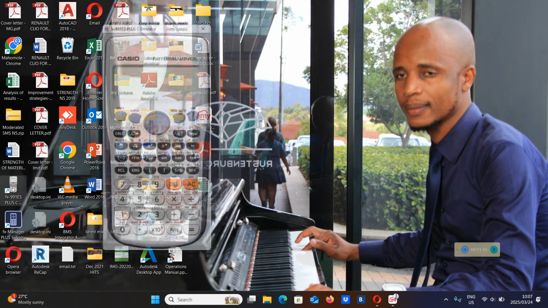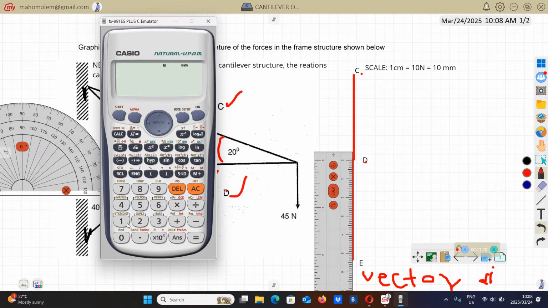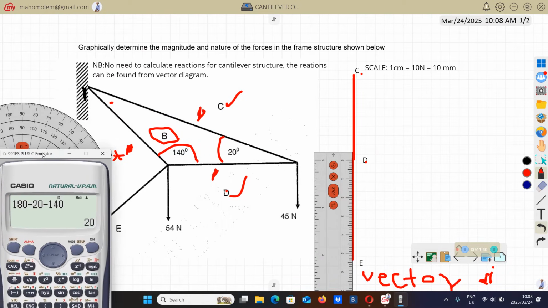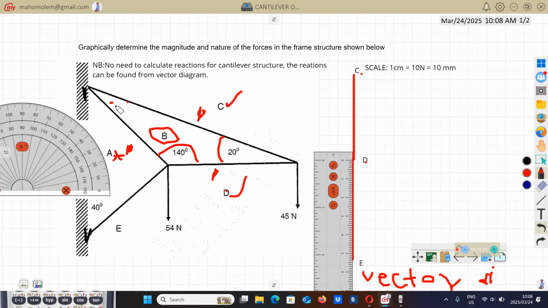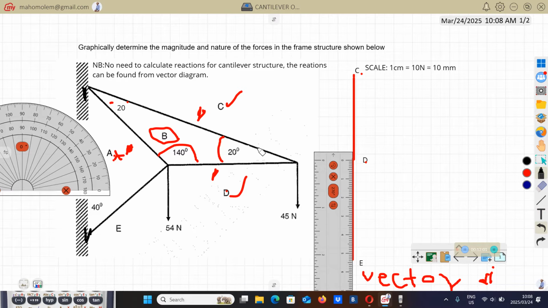So that angle there will be equal to 180 minus 20 minus 140, equals 20 degrees. So this angle here will be 20 degrees.